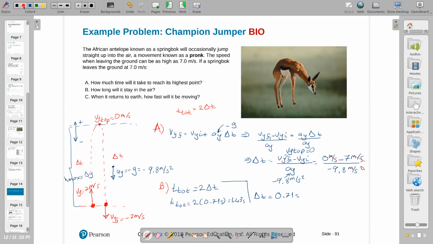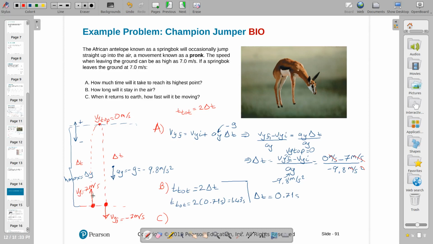So let's do what here. And C we also already answered. C tells when it returns to the earth, how fast will it be moving. At the same level, the object always moves with the same speed but in opposite directions. So velocities are in opposite directions but magnitudes are the same.